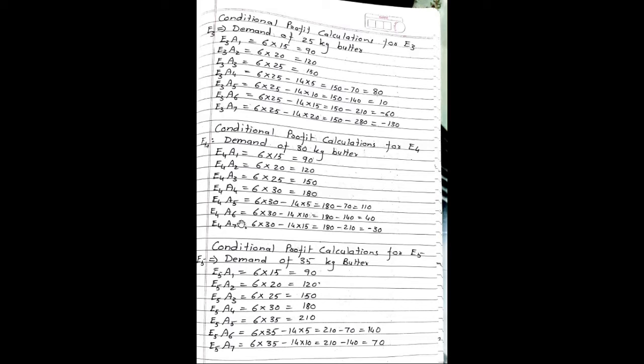E4, A6, 6 into 30 minus 14 into 10, because stock is for 40 kg. So 180 minus 140, answer is 40 rupees. So E4, A7, 6 into 30 minus 14 into 15. So 180 minus 210, the value is minus 30.